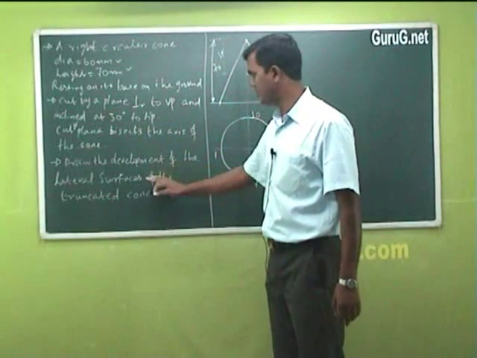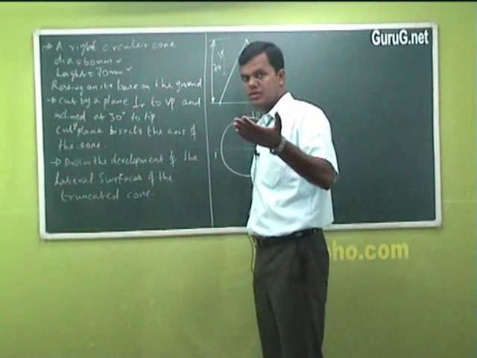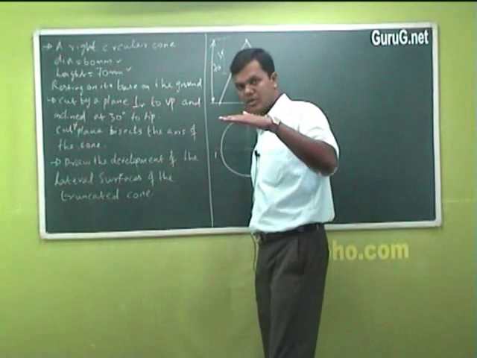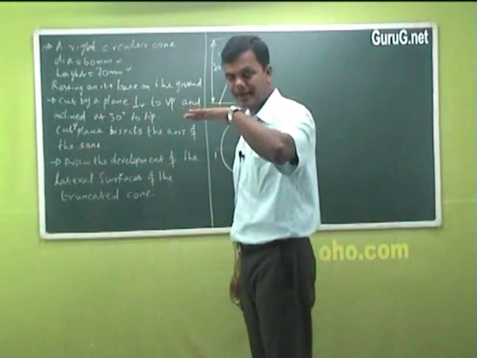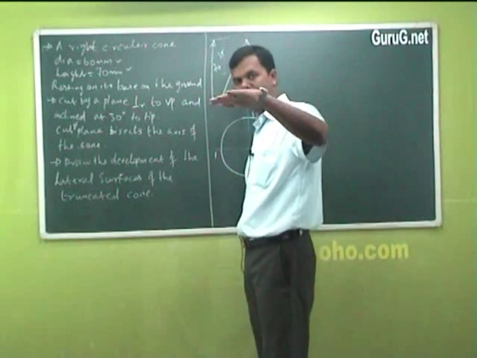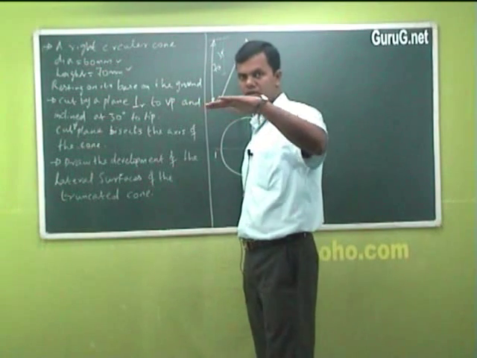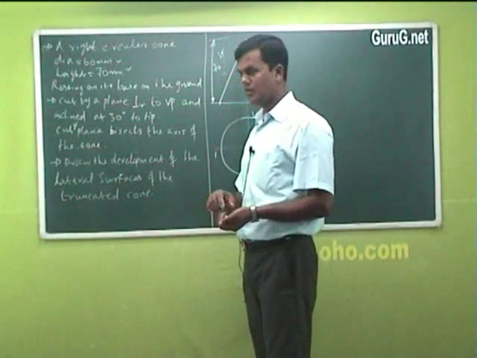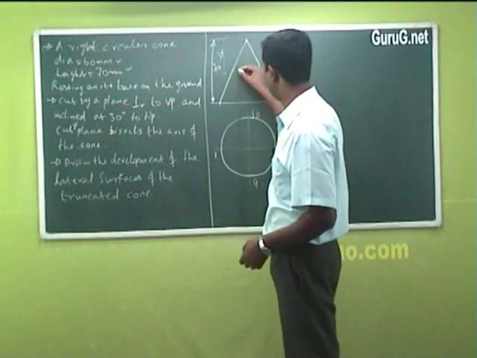Draw the development of the lateral surface of the truncated cone. Truncated means, as I've already told you, if you cut a cone with a plane parallel to the XY line, or HP, that gives you a circle. Now here truncated means it's inclined.